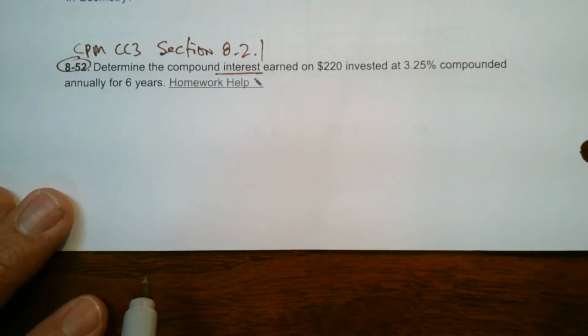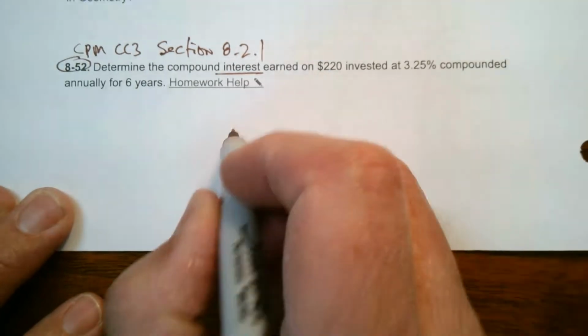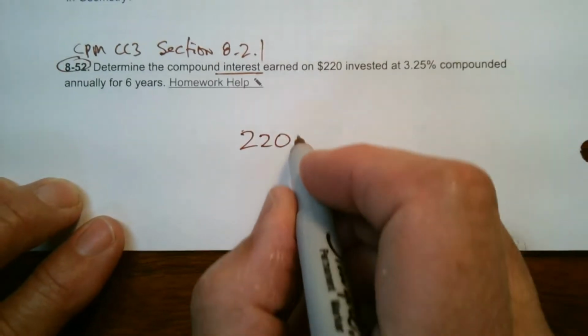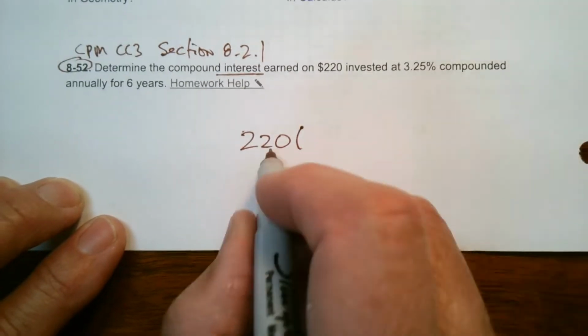When we do compound interest, remember, you take the principal, my initial amount, and multiply it by the percentage and itself.